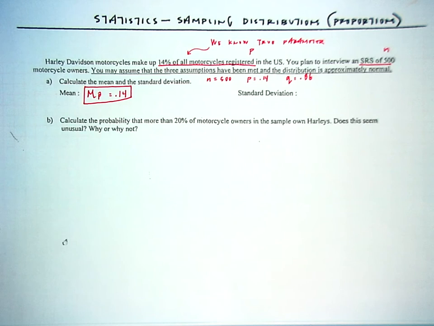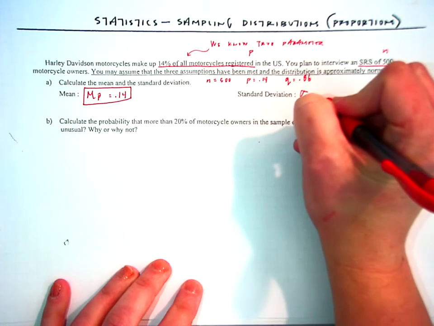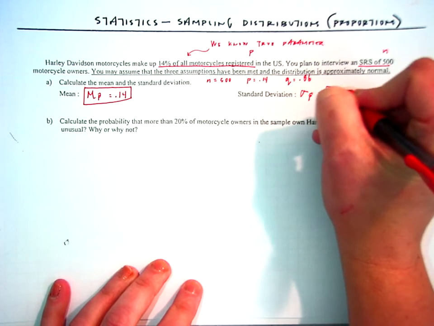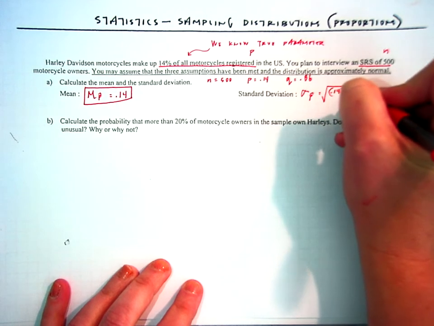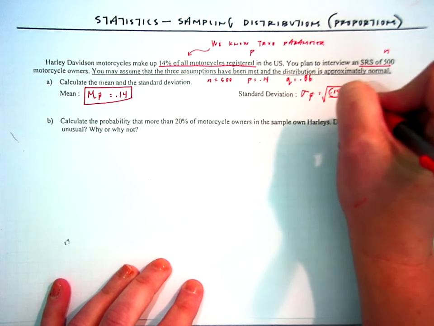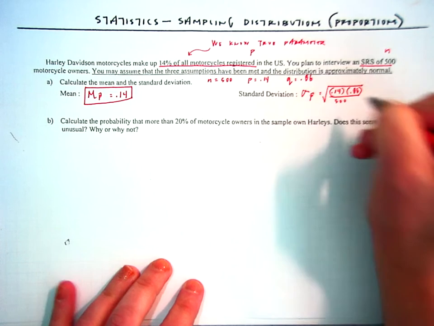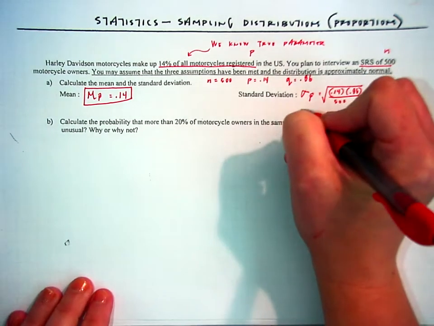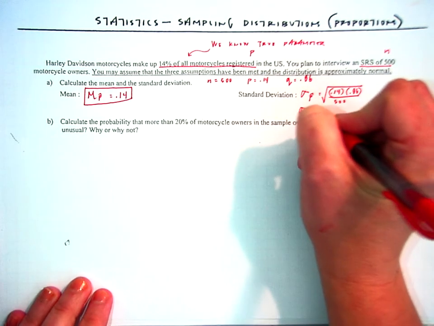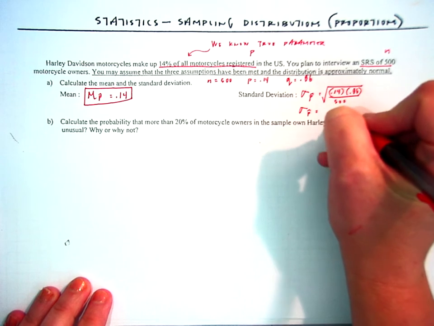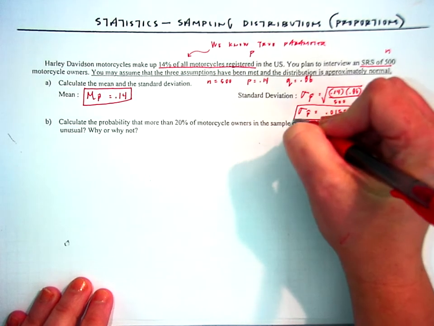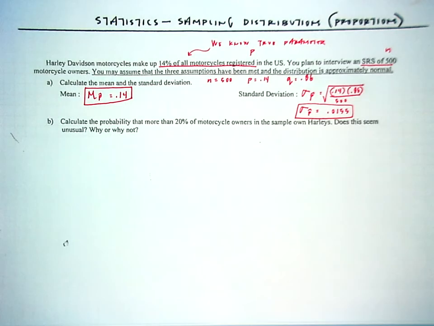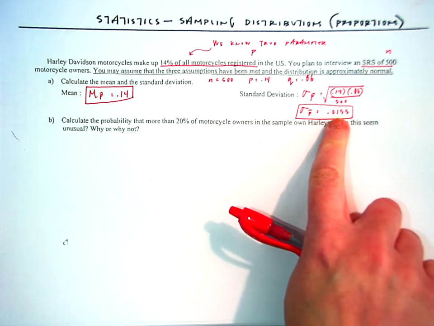Okay, standard deviation. We're looking at P times Q, so 0.14 times 0.86 divided by the sample size of 500 and then taking the square root. That's going to give me a standard deviation of 0.0155. So I have an indication of the mean, the average, and the variability that goes with it.